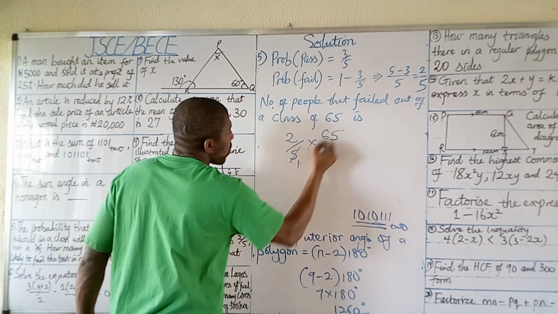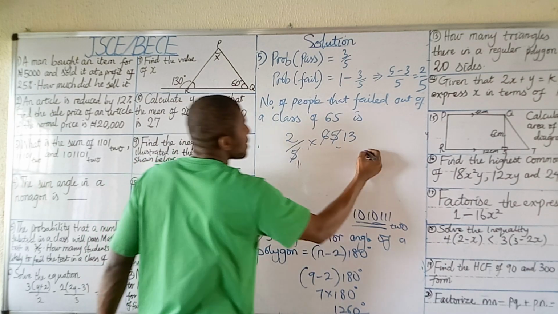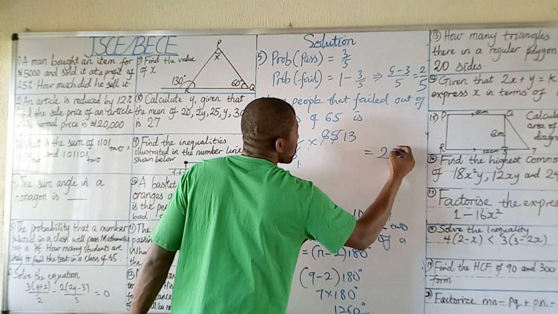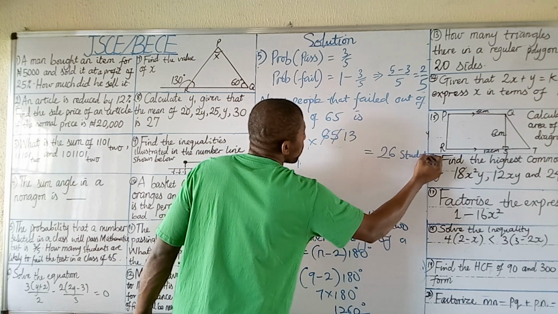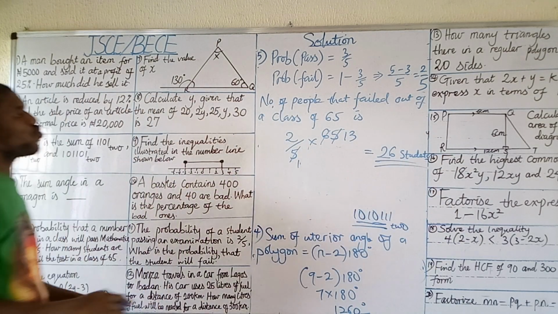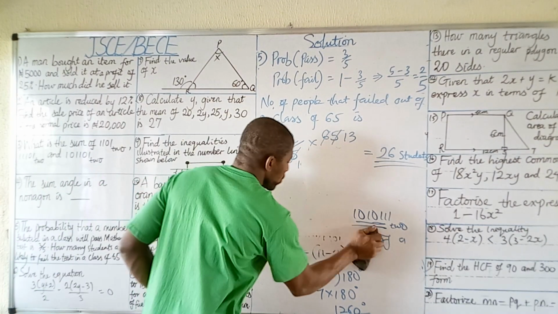Okay? 5 in itself, 1, 5 in 65, you have 13. 2 times 13, that gives me 26 students. 26 students failed. Okay? Number of students that failed is 26. Next is question 6.